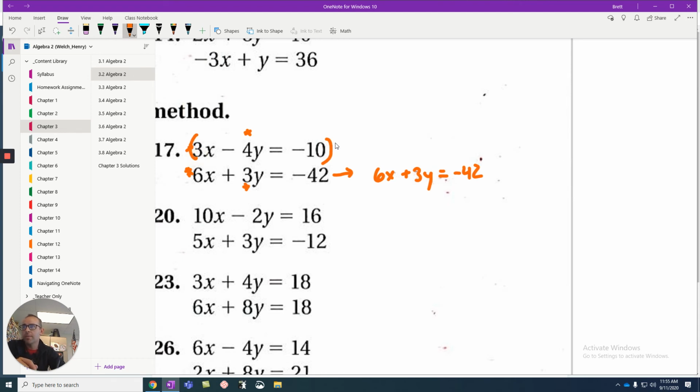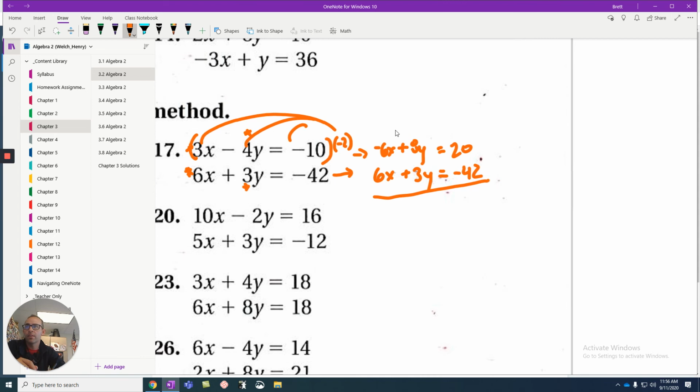To get a 3x to become a negative 6x, I need to multiply by negative 2, which will produce a negative 6x. That has to be multiplied all the way through, right? Boom, boom, boom. Negative 2 times negative 4 becomes plus 8y. And a negative 2 times negative 10 equals 20.